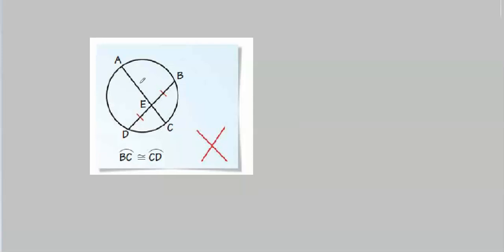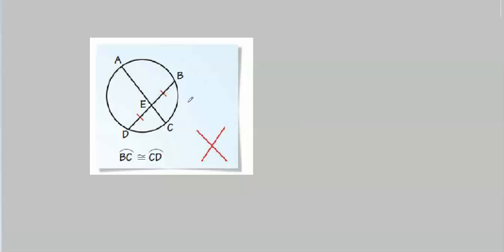Well, remember, it has to be cut by the perpendicular bisector. In other words, if we know for sure that this is a diameter, then it will cut this chord as a perpendicular bisector, and it will make each of these arcs congruent.